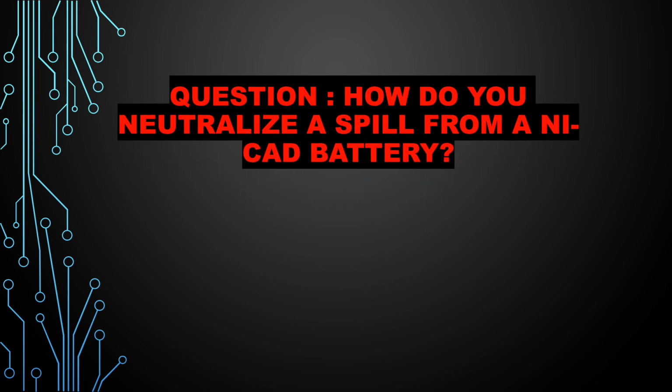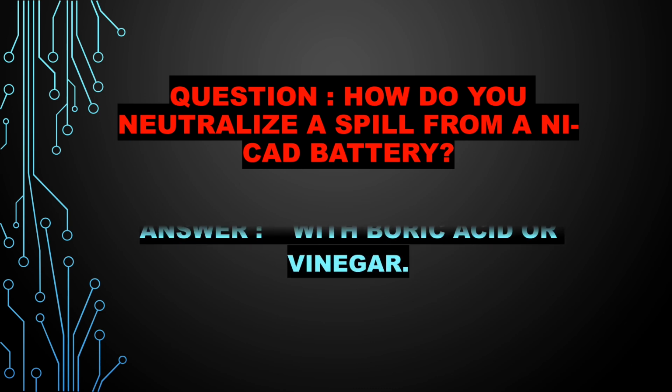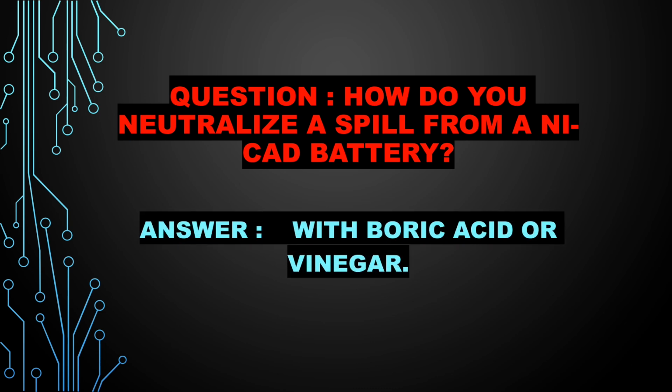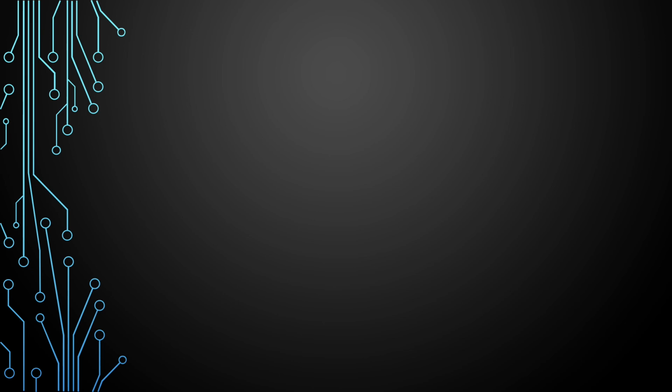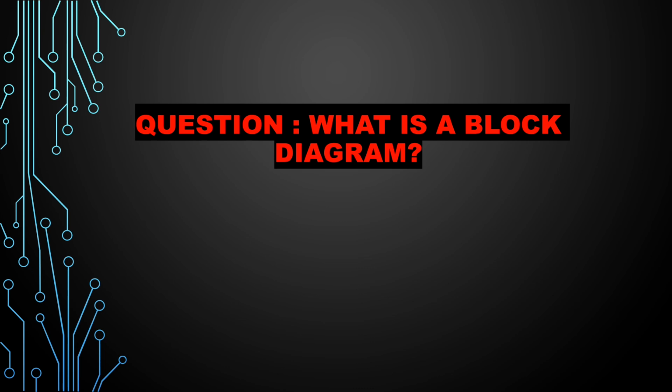Question: how do you neutralize a spill from an NiCad battery? Answer: with boric acid or vinegar. Question: what is a block diagram?